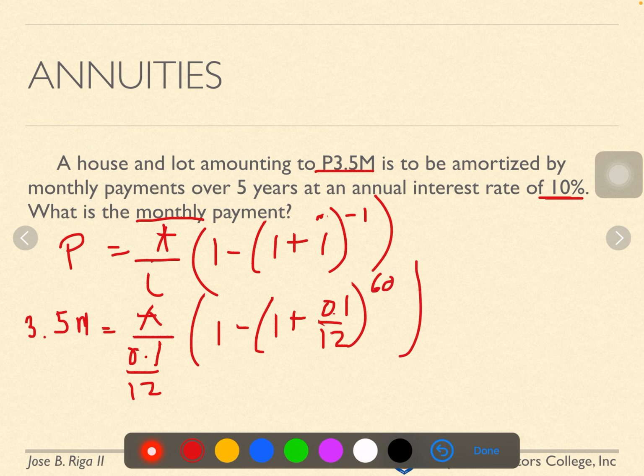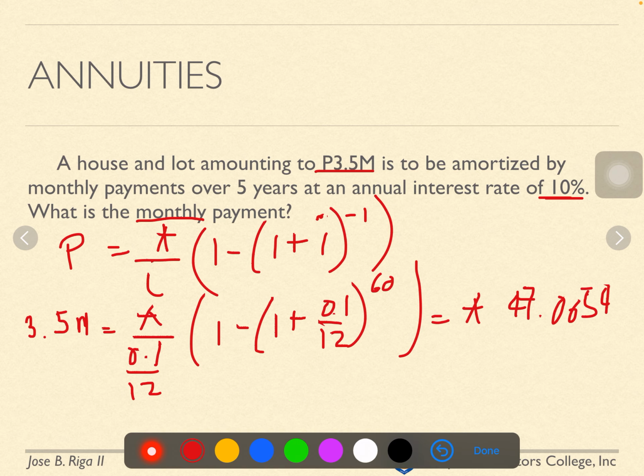If you simplify that using a calculator, that will be 47.0654.